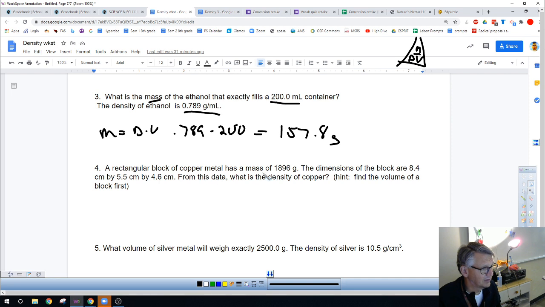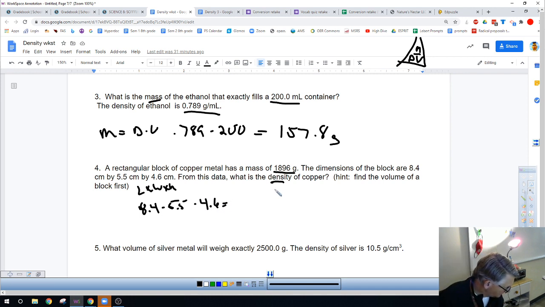A rectangular block of copper has a mass of, there's the mass. The dimensions of the block are 8.4 by 5.5 times 4.6. Find the volume of the block first. The volume is equal to length times width times height, or 8.4 times 5.5 times 4.6, which gives us 212.52.